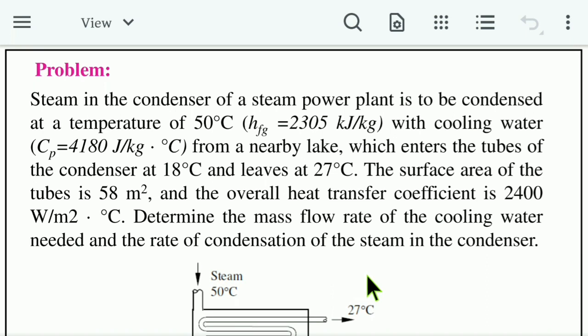The surface area of the tubes is 58 square meters and the overall heat transfer coefficient is 2400 W/m²·°C. You have to determine the mass flow rate of the cooling water needed and the rate of condensation of the steam in the condenser.